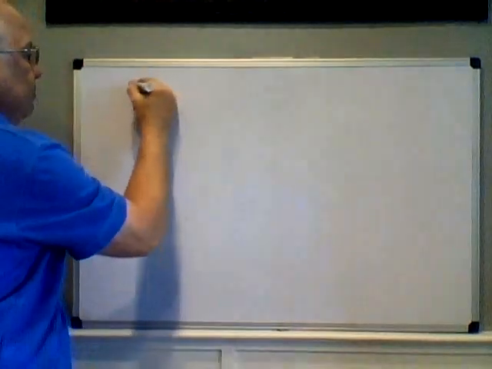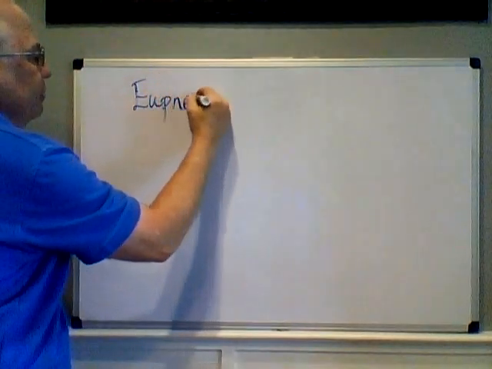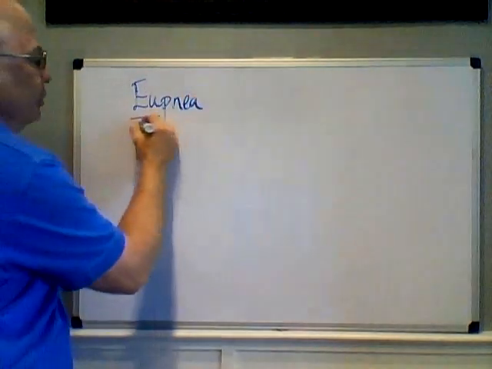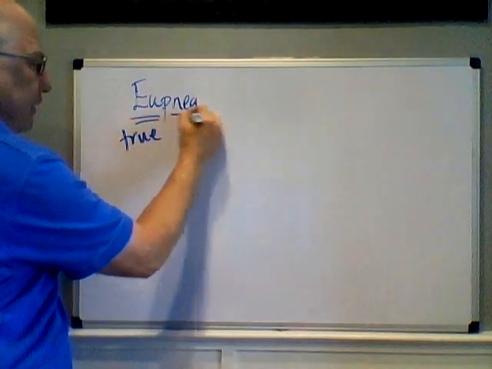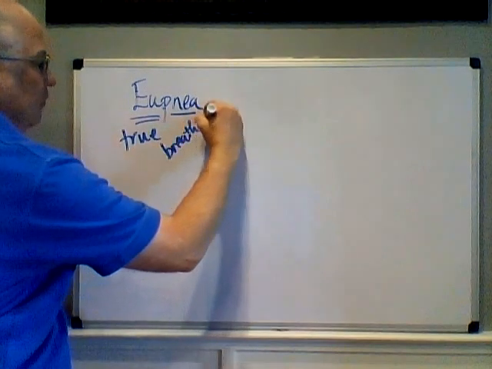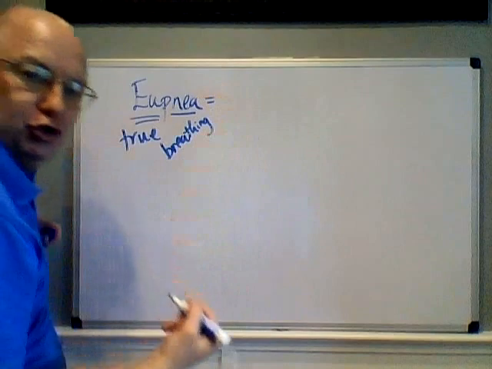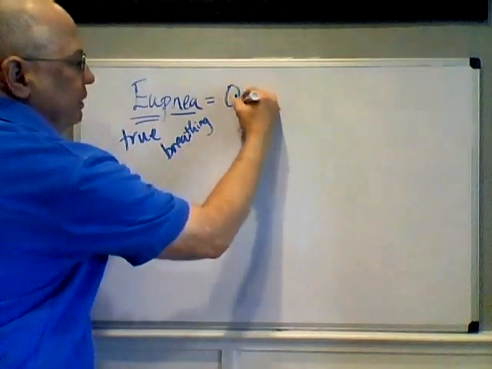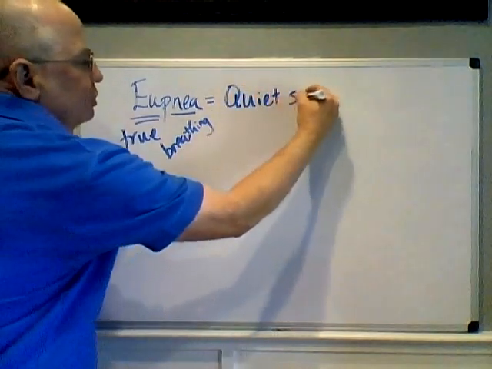So when we talk about what's called eupnea, some people pronounce the P and some don't. But eu always means true. And the pnea refers to breathing. So we call this true breathing, or another name for it is quiet respiration.